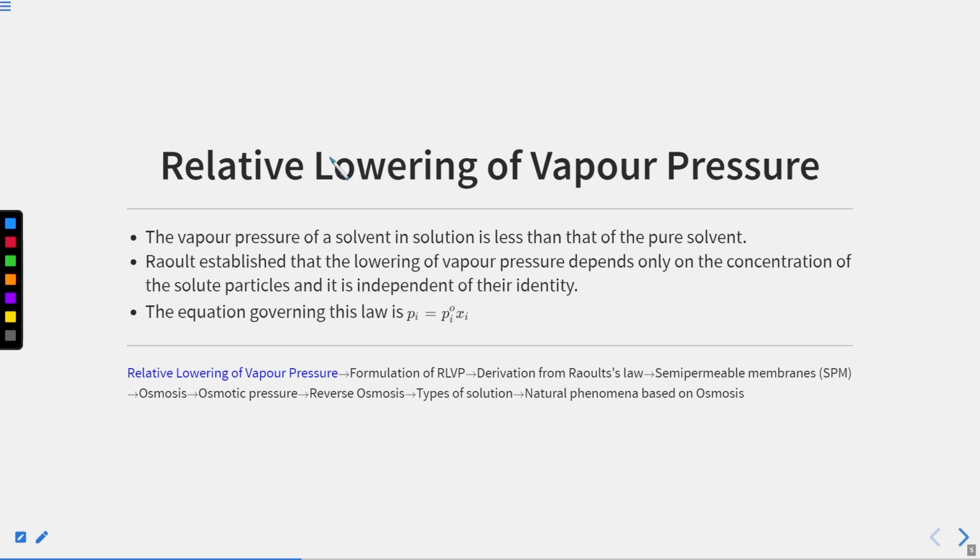Relative lowering, we will see what the terminology means through the formula. The equation governing Raoult's law, I have mentioned here also. For the ith component, Pi is equal to P naught i xi. So I have made it clear what is lowering of vapor pressure.